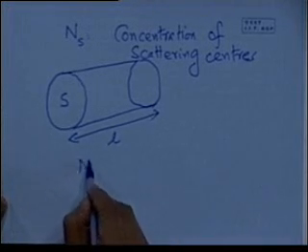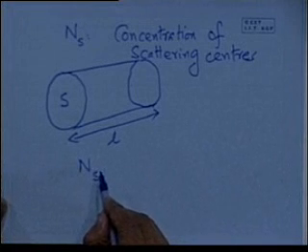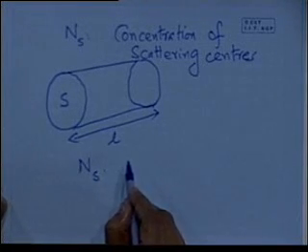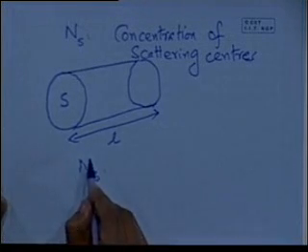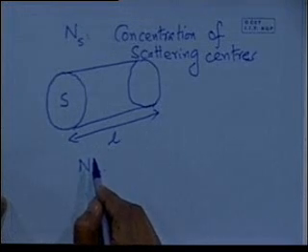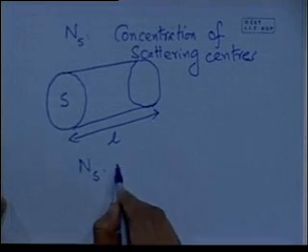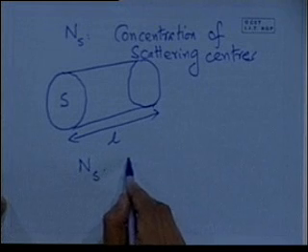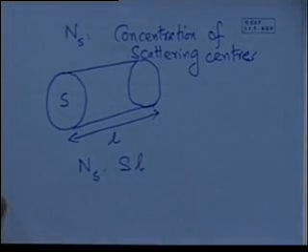So what we can then say is that ns times the volume. This is the concentration, number of scattering centers per unit volume, times the volume. Volume in this case is given by area times the distance. It's the volume of the cylinder.